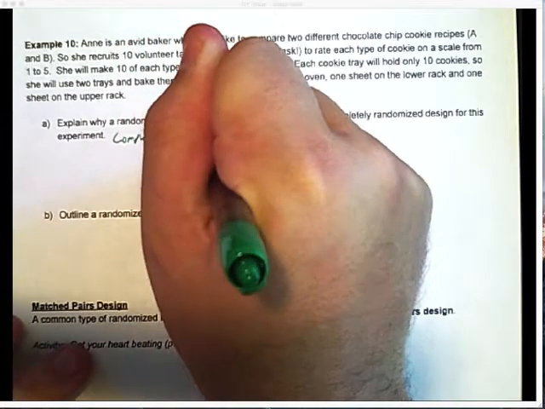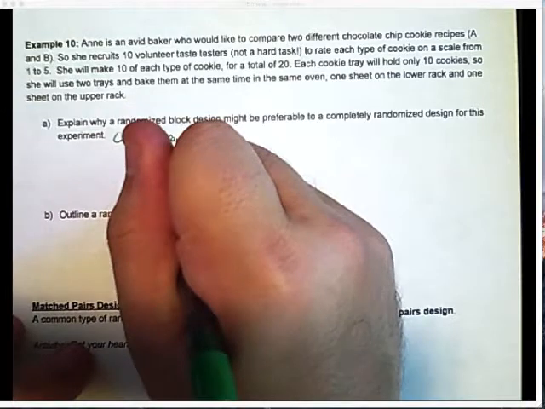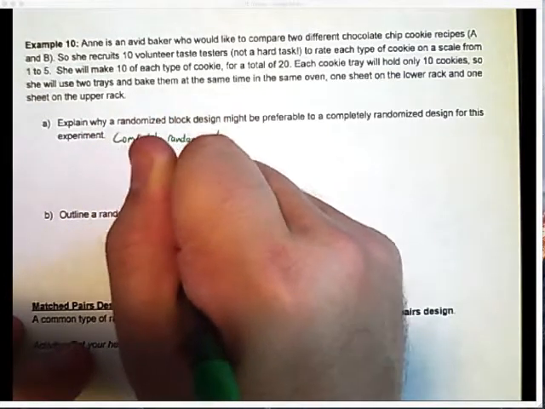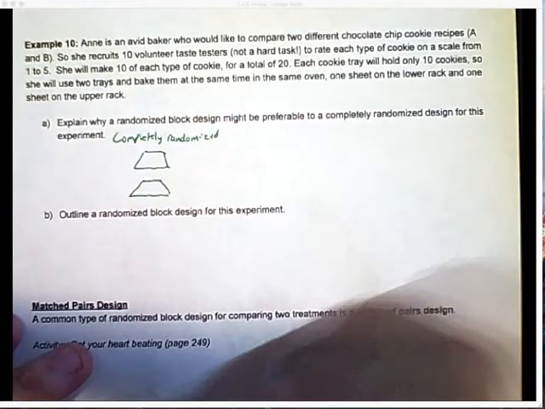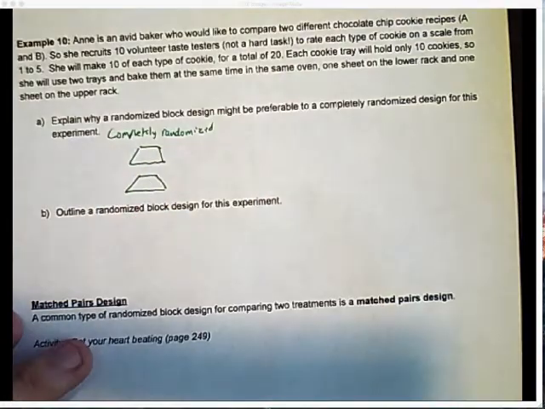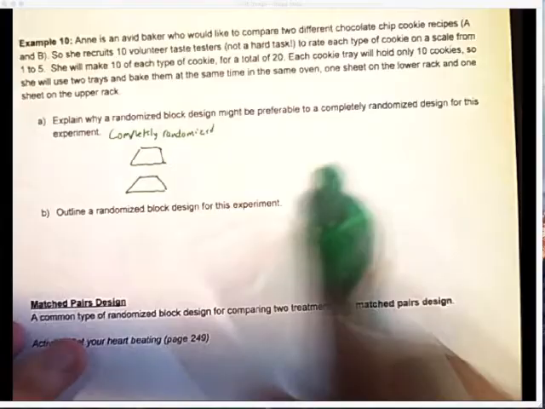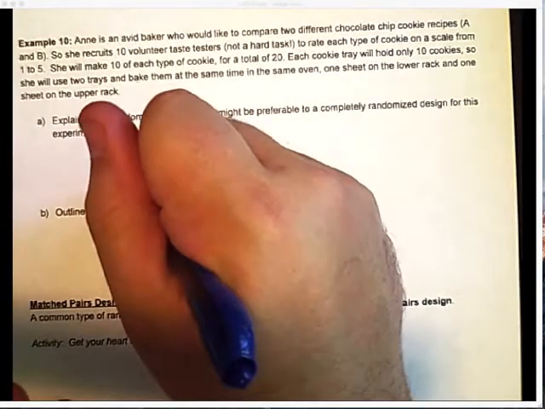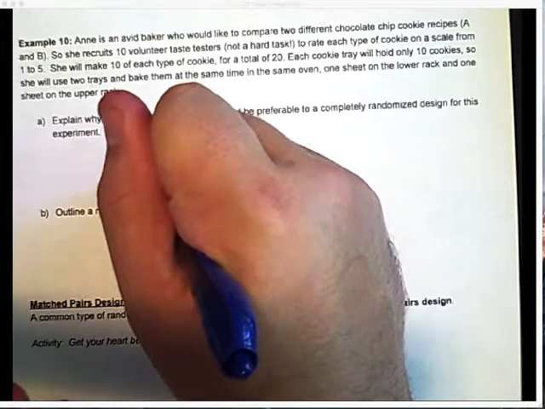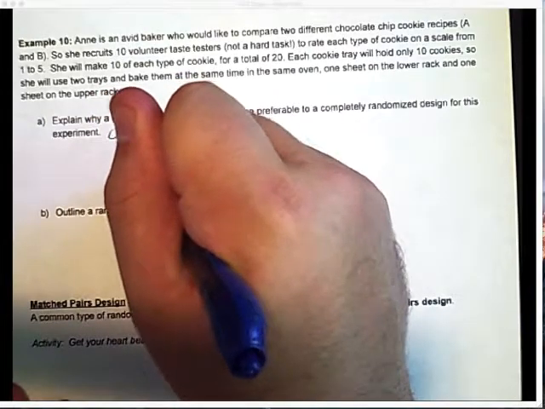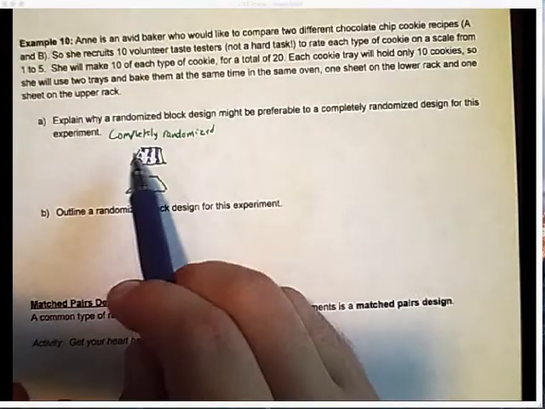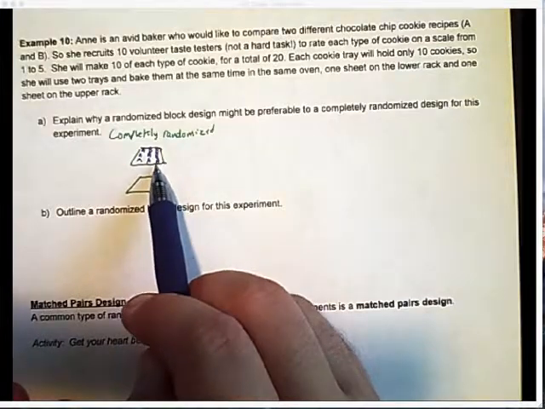all right, so what I have is an upper sheet in the oven, and a lower sheet in the oven. I might have 20 spaces, 10 spaces on this cookie sheet and 10 spaces on this cookie sheet. What could happen is, I might get a lot of A's just by randomly flipping a coin.